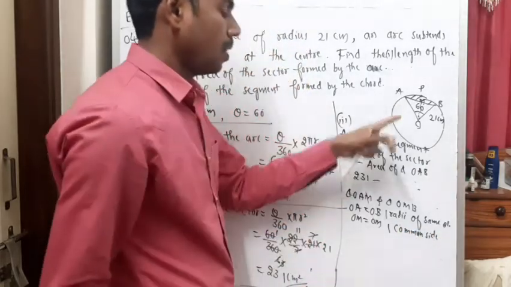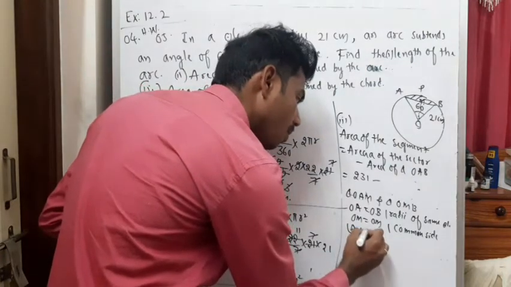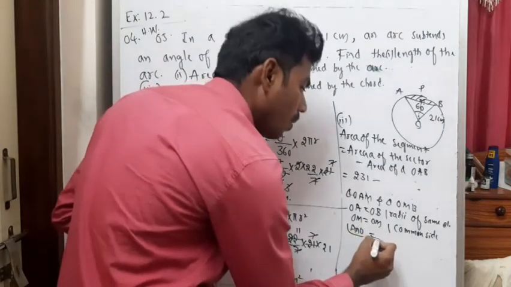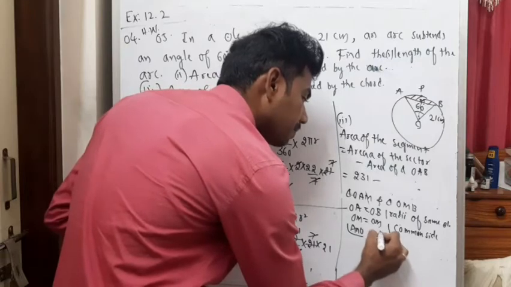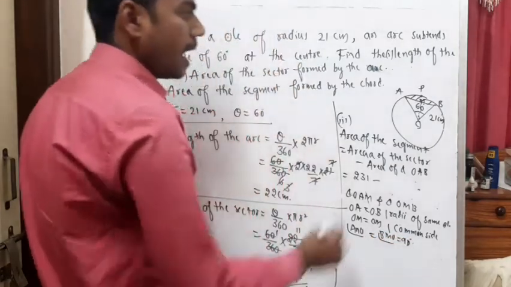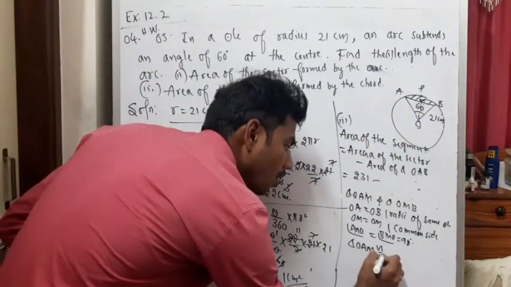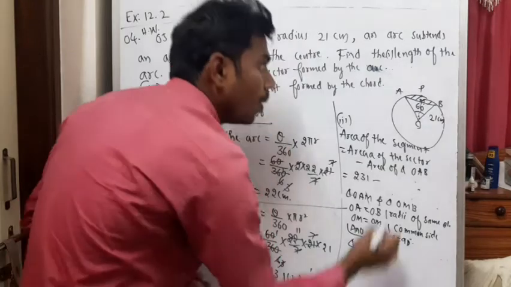Next, angle AMO is equal to angle BMO is equal to 90 degree. So therefore I can write triangle OAM is congruent to triangle OMB.